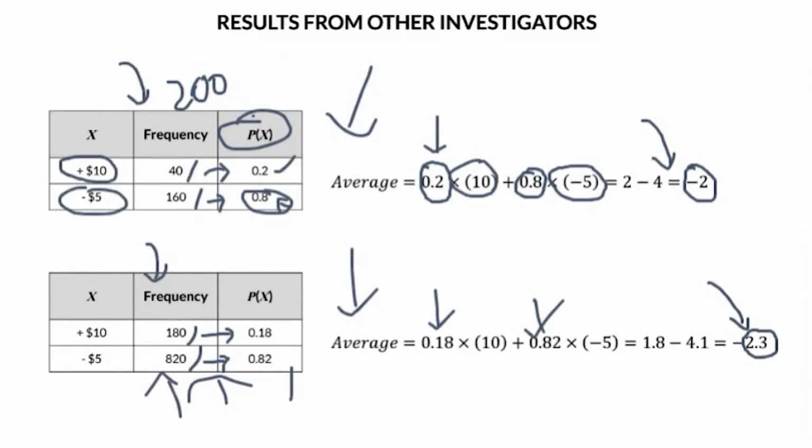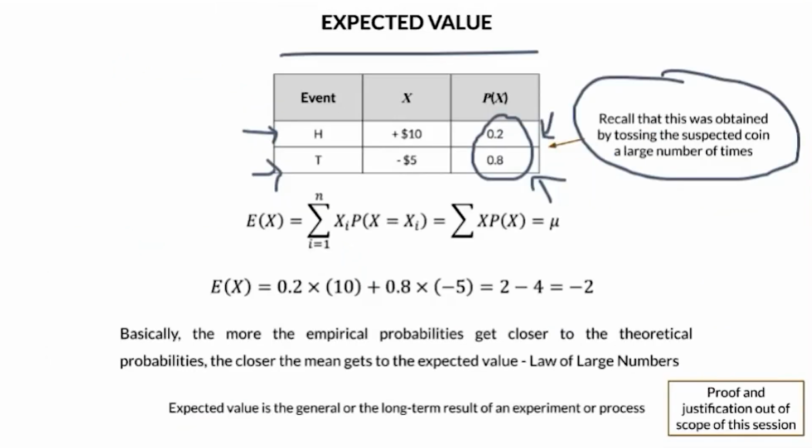These 1000 games really happened, and you have 1000 data points on a sheet of paper or whatever. You have real data here. In the expected value case, investigators are not going anywhere. You just take the coin, estimate the theoretical probabilities.